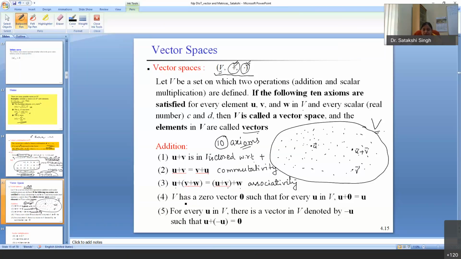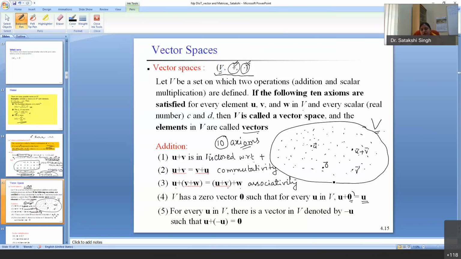And the fourth property is that there should be a zero vector inside V. There should be some zero vector inside V according to its dimension, such that if we add it to any of the vectors from this set V, then that vector remains the same. So u plus 0, where this 0 may be defined according to the condition, and that is why it is called the identity.